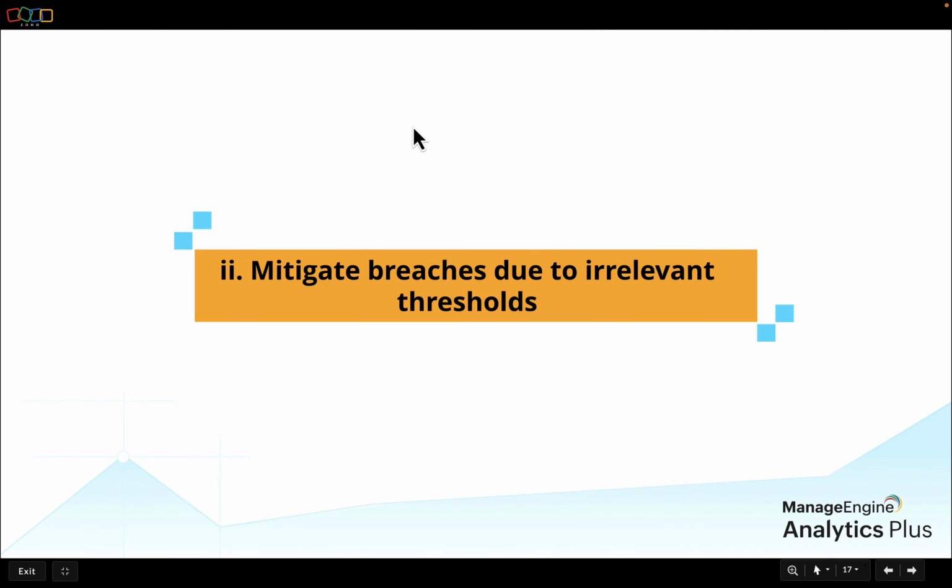The second approach that we'll be discussing is mitigating mundane breaches that are caused due to irrelevant thresholds. Too often, thresholds are set based on generalized parameters rather than tailored to the specific needs of your IT environment. This can lead to a barrage of IT alerts triggered by expected behavior rather than genuine anomalies.